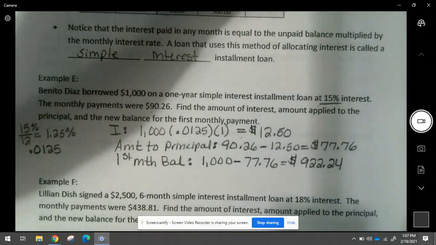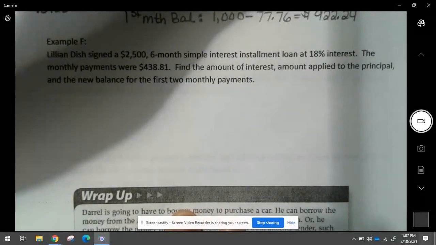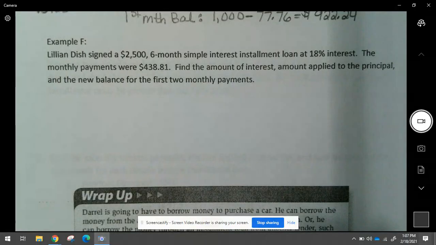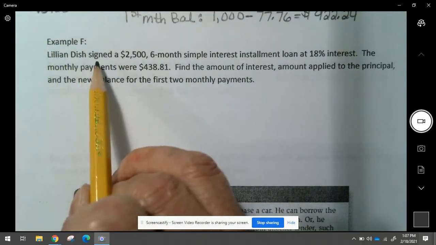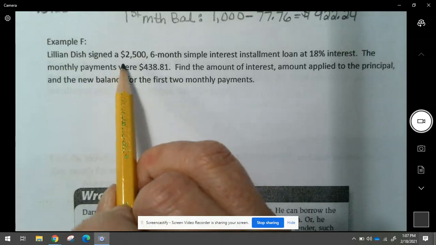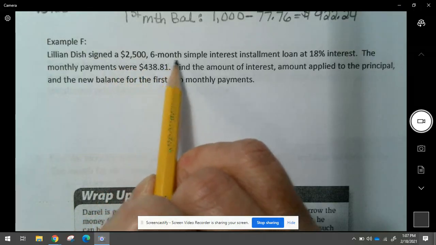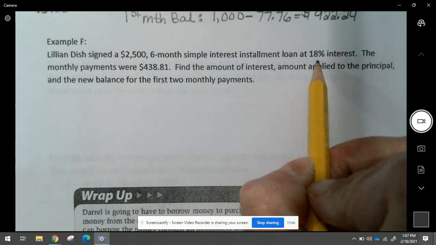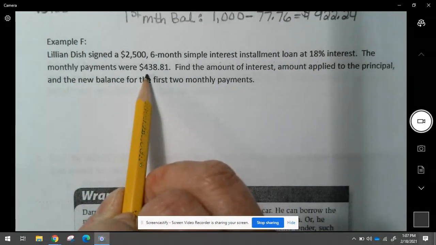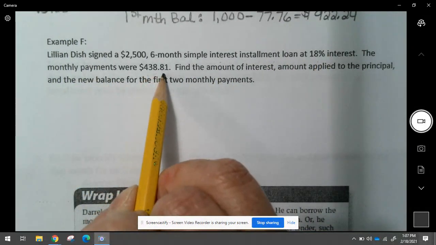Okay, so let's look at example F, because example F is a problem like that where it's not just 1 month they're asking us for, they're going to ask us for 2 months. So the first thing I want to do is read the problem. Lillian Dish signed a $2,500 6-month simple interest installment loan at 18% interest. The monthly payments were $438.81.